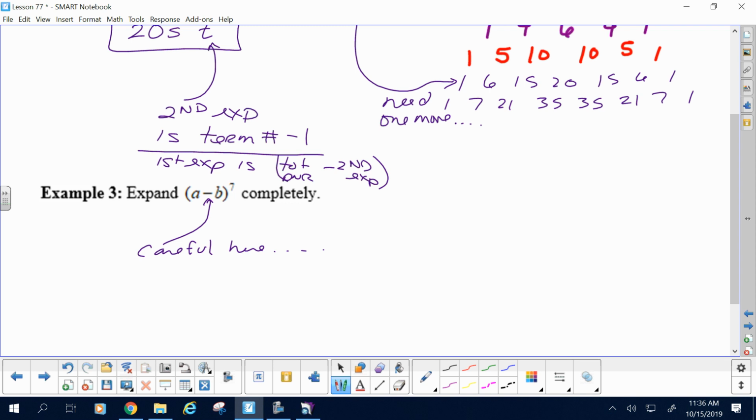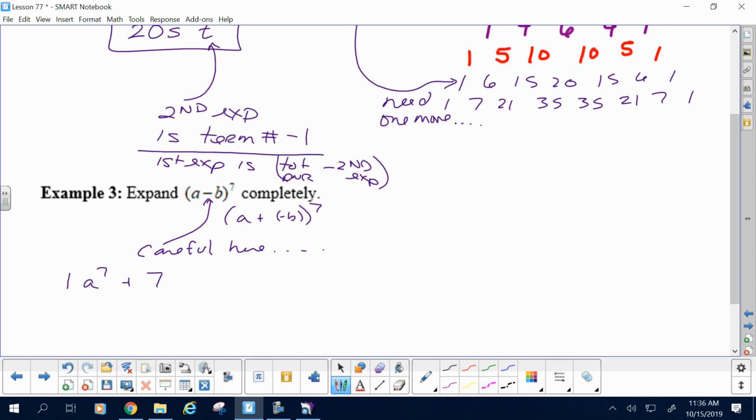Cool. All right, so your first term. Ms. Laura, what is it? 1, a to the 7th. Wonderful. Okay. The stuff gets funky in the second term. This is really like a plus negative b to the 7th. So when we get to the second term, I think we can all agree the coefficient will be 7. We're cool? All right.